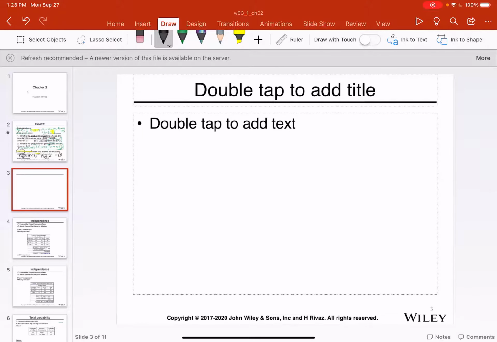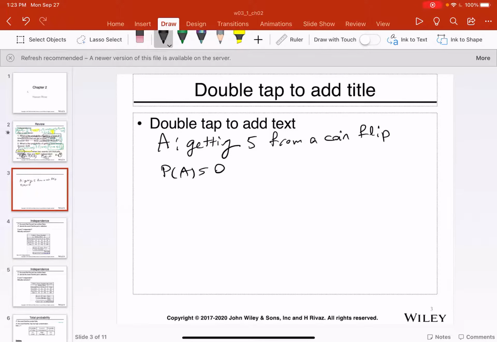So basically, A is getting, let's say, 5 from a coin flip, and we know that probability of A is 0 because a coin doesn't have number 5. It's not a dice.